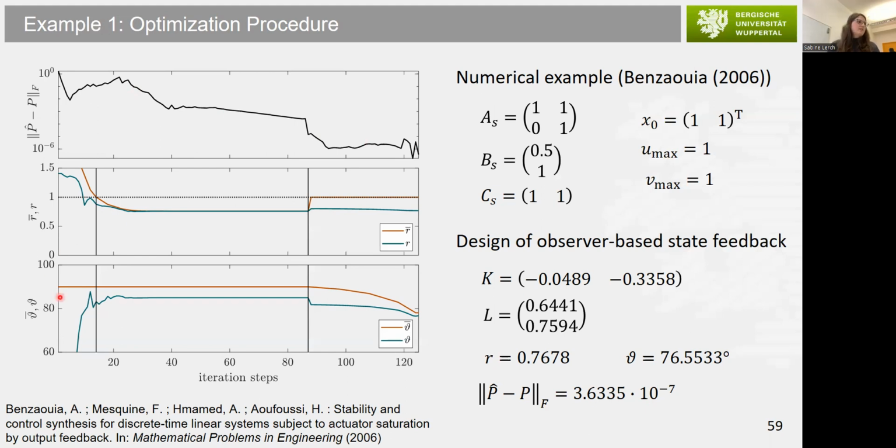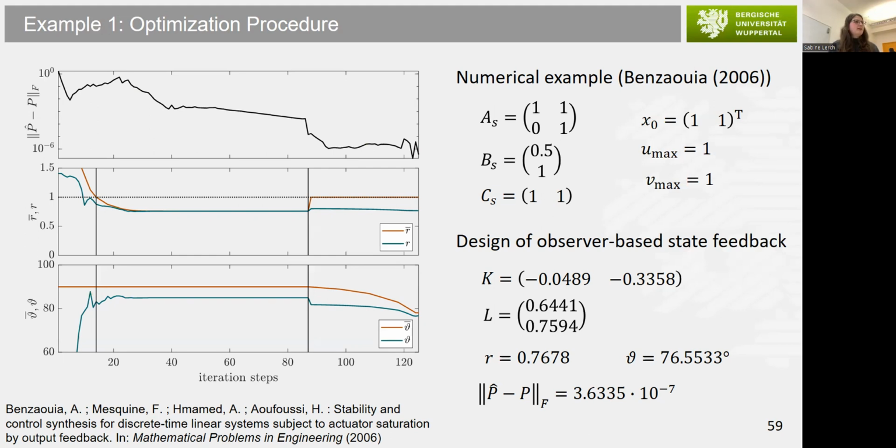And in the second and third plots, you see the spectral radius and the damping angle and their upper bounds. In the first stage, we get unstable solutions, because the radius and the upper bound of the radius is bigger than 1. But after that, we will minimize the radius, and there we don't delimit the damping angle theta.